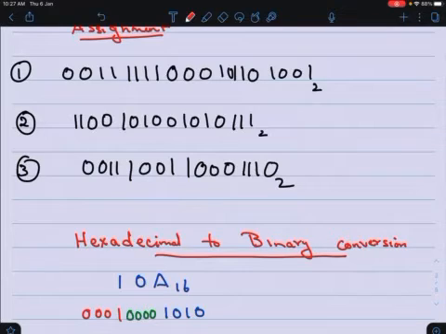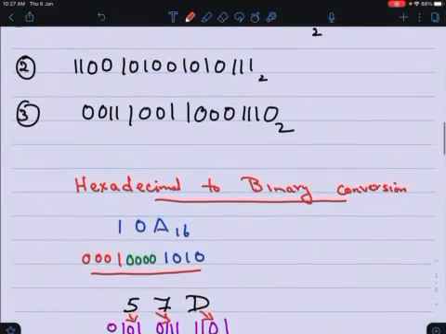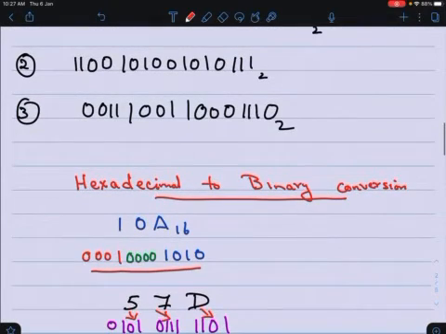So this is how we can convert it into the binary equivalent. Next one is again 570.